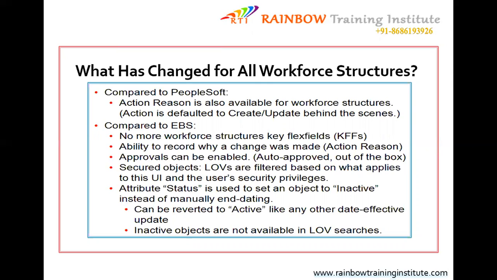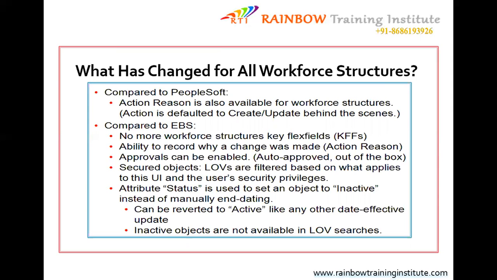The workforce related key flex fields are like the competence, the grade, the job, the position. These key flex fields are not there. We do have 2 more key flex fields which continue in Fusion applications: the people group and competence key flex field, and the cost allocation key flex field. We will discuss those in further topics. But the work structure related key flex fields have been discontinued. They're no more in the Fusion application.